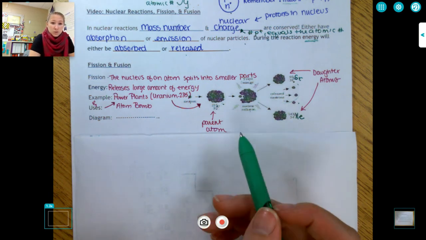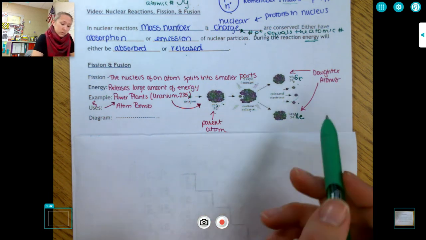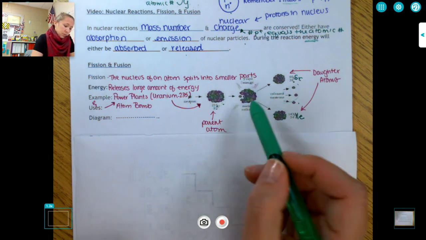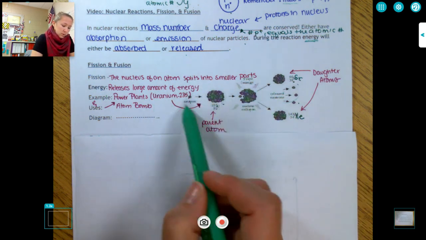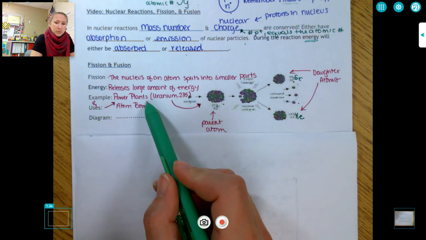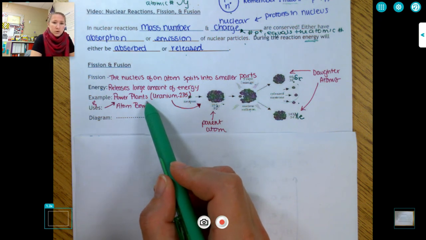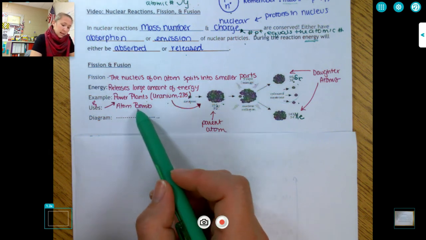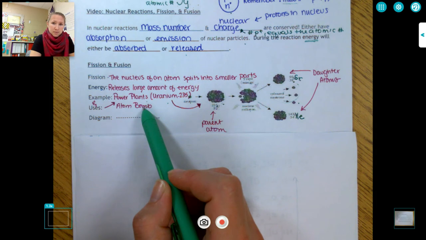This is used around us already, thanks to it releasing so much energy, which you can see from the little lightning bolts here. We use this reaction of fission in power plants, okay, which can help create power for an area. They mainly use uranium-235, but can also use polonium. And this is also what was used in the atomic bomb.